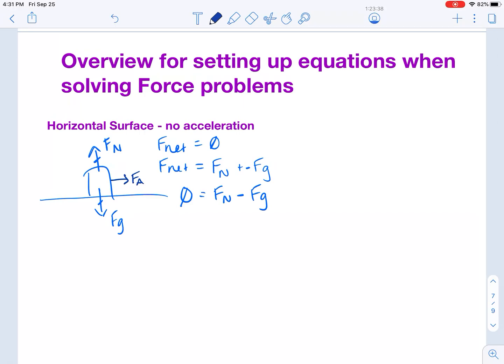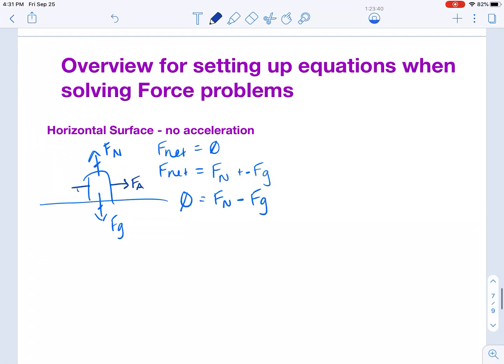Because there's friction between the object and its surface, and that friction is strong enough to fight off your attempted force to move it. So these two forces are also balanced, which means that my net force is 0 because there's no acceleration in the horizontal direction. When I combine these two forces, because my frictional force is in the opposite direction, I'm essentially subtracting them. They are equal magnitudes so that they add up to a value of 0.